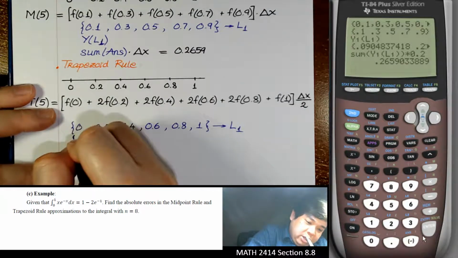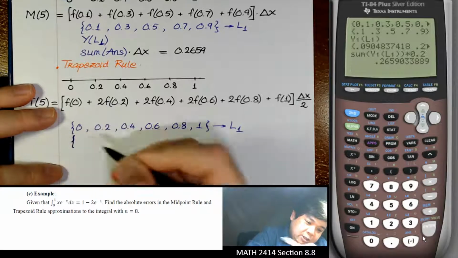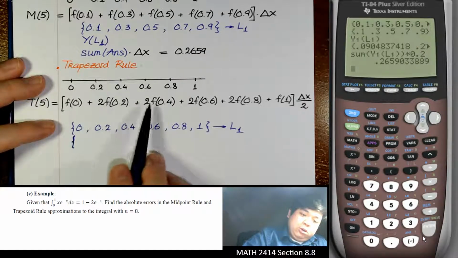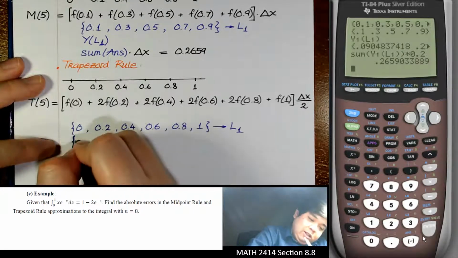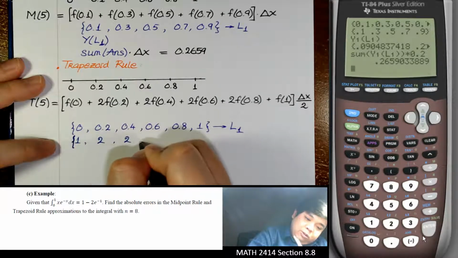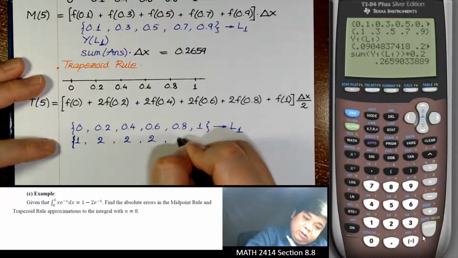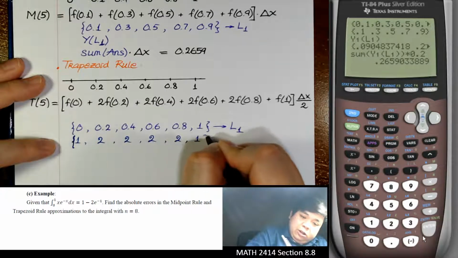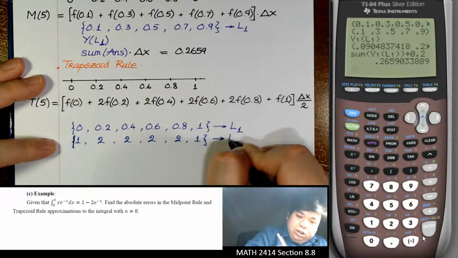We start to list 2: 1 2 2 2 2 1 1 2 2 2 2 1.